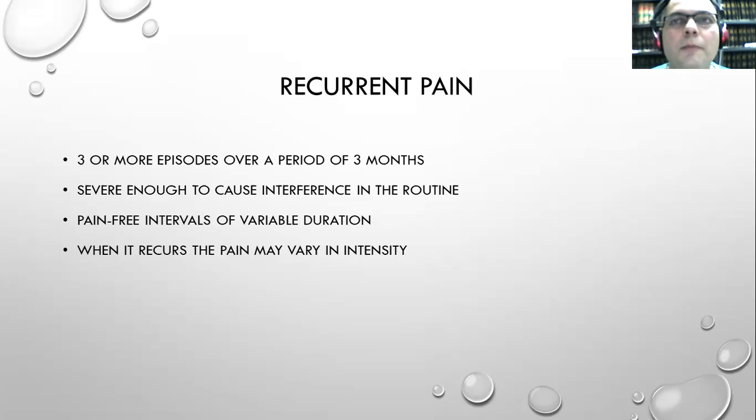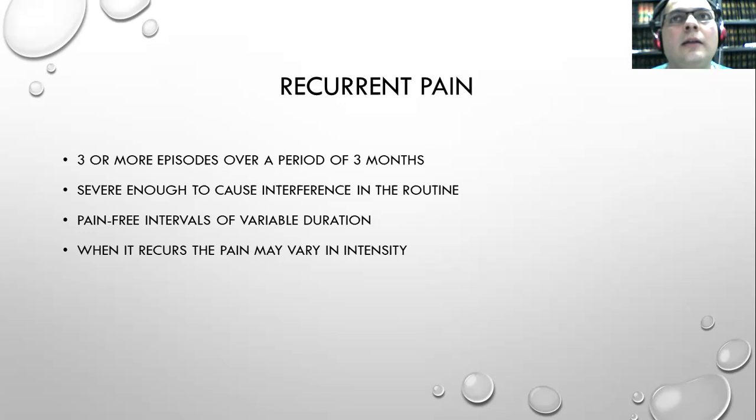When the pain recurs, when the pain comes up again, it may vary in intensity. The first episode might have a severe pain, but the second episode might have a slightly lower pain than the first, but still it will interfere with daily activity, and the third or the fourth one might be more severe.